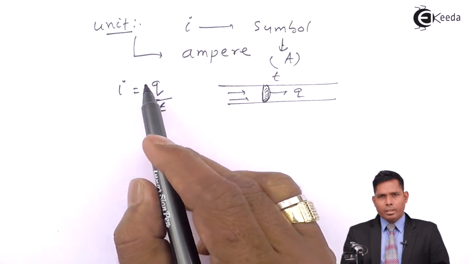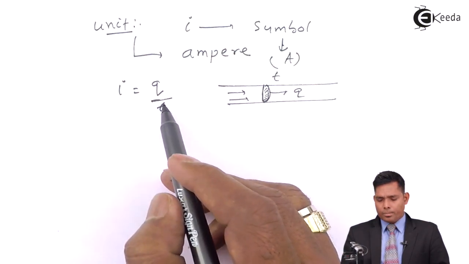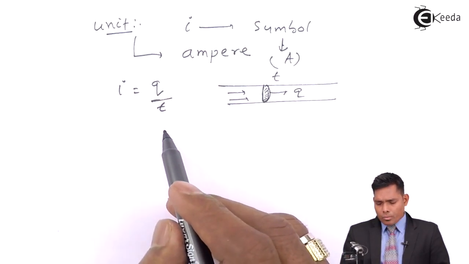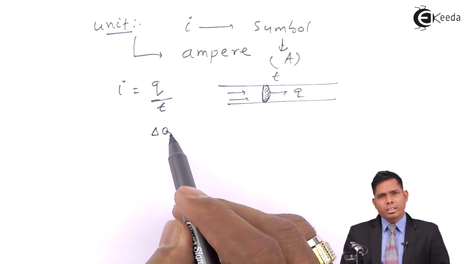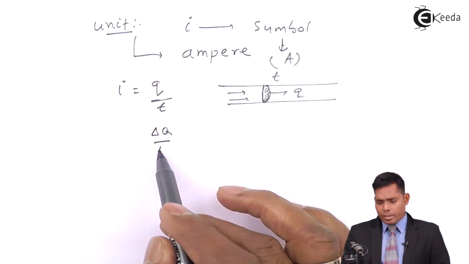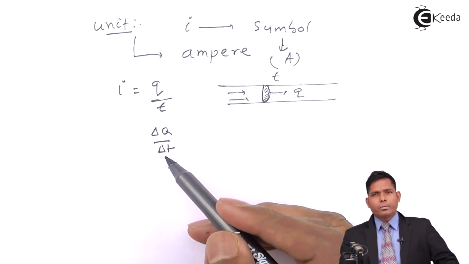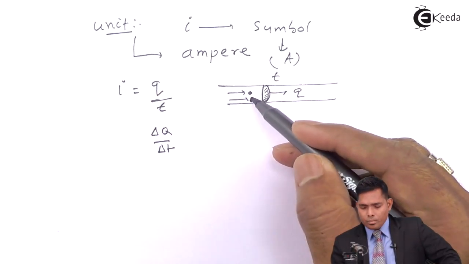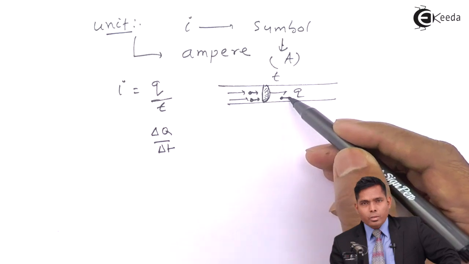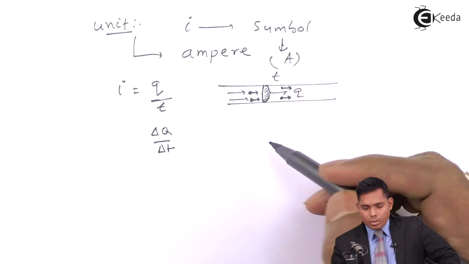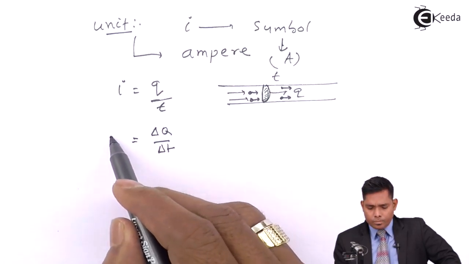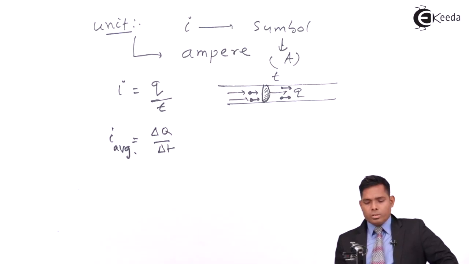If delta q amount of charge is flowing in delta t time, and I give more time to the charge to flow, then delta q by delta t represents the average current that will flow.